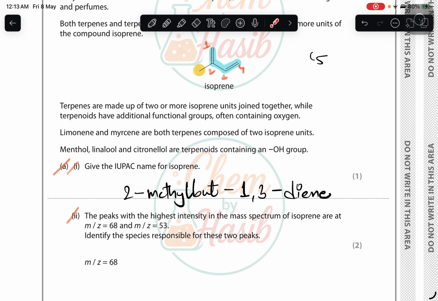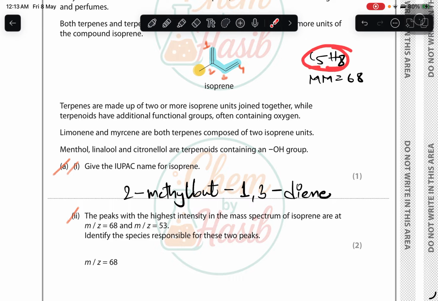There's 3 hydrogens here, 2 hydrogens here, 1 hydrogen here, 2 hydrogens here. So 3 plus 2 is 5, 6, 7, 8. There are 8 hydrogens. C5H8 is the molecular formula. So the molar mass of this compound is found to be 68.